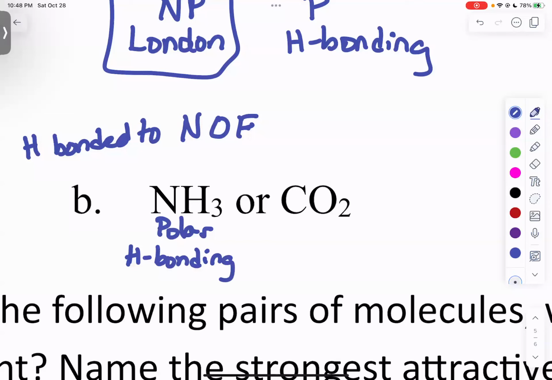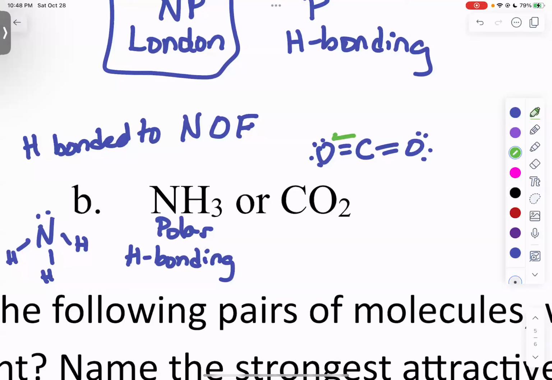Then carbon dioxide, when you go in and you draw this, you're going to have a linear molecule like this, whereas NH3 was not, because NH3 has this lone pair that takes up more space and pushes those hydrogens down. Carbon dioxide is linear, on the other hand, and even though you have these polar bonds where oxygen's more electronegative, they cancel each other out, and so there's no overall dipole moment.